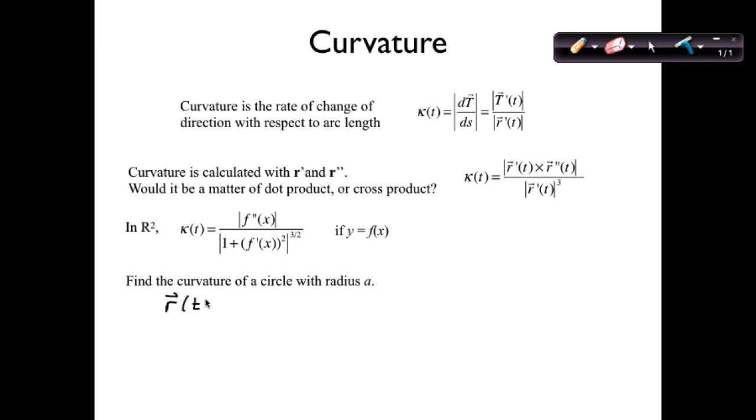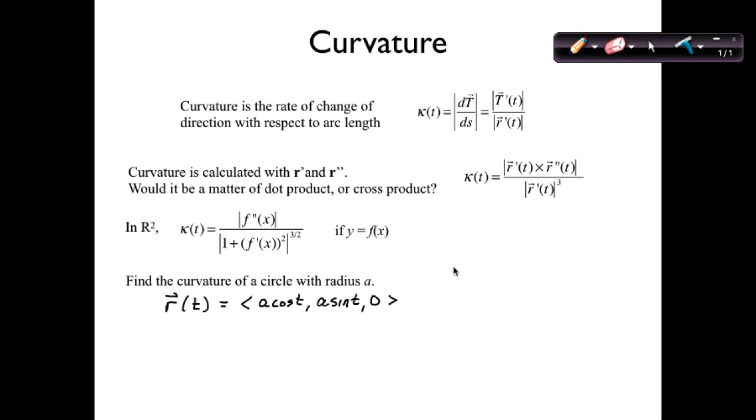A cosine t, and if we're in R3, is this a circle with radius A in R3? Is it the simplest one you can think of? Well done, right? That's the circle of radius A, center 0, 0, in the xy plane.